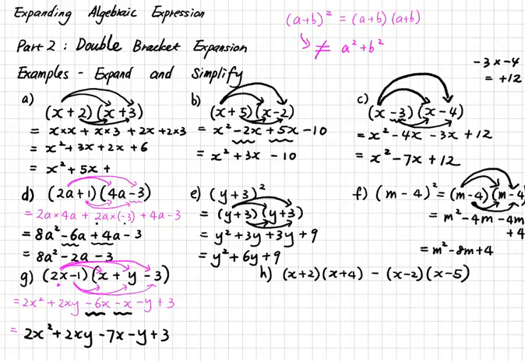Now the last question, you suddenly have double brackets, take away double brackets. So what you need to do is you actually need to do one double bracket at a time. Now here, I want you to be careful. So let's start with the first set of the double bracket. You're going to put all of them into one giant bracket. So we have x squared, x times x, plus 4x, which is x times 4, and you have 2 times x plus 2 times 4, which is 8.